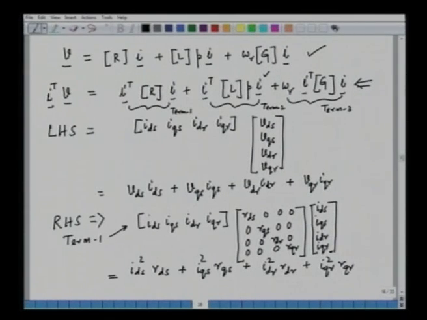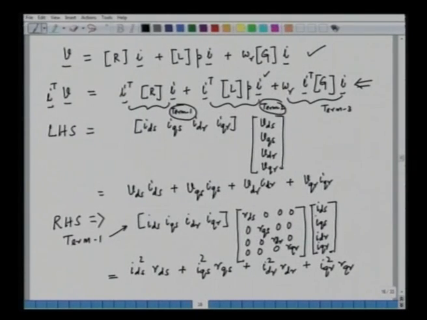We have already seen that the first term, term 1, represents the losses of the system, the i square R loss.